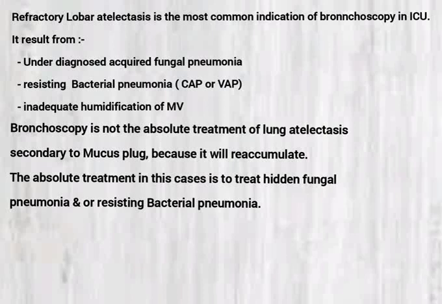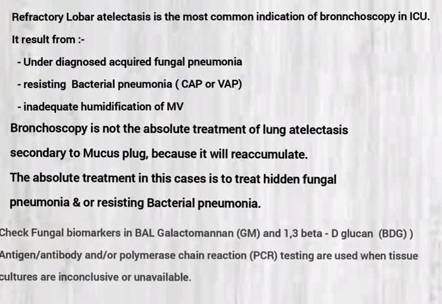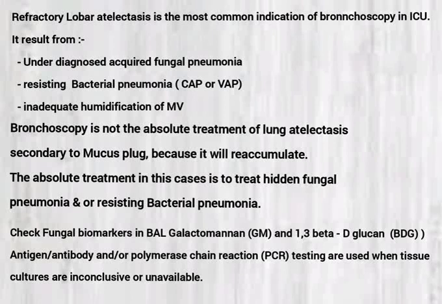The definitive treatment in this case is to treat the hidden fungal pneumonia or resistant bacterial pneumonia. So check the fungal biomarkers in bronchoalveolar lavage, such as galactomannan and 1,3-beta-D-glucan. Antigen, antibody and polymerase chain reaction testing are used when the culture is inconclusive or unavailable.